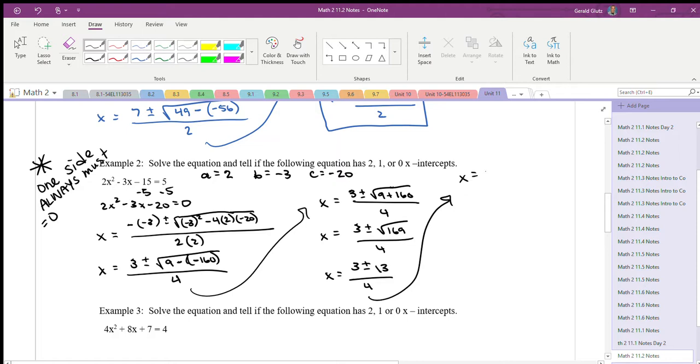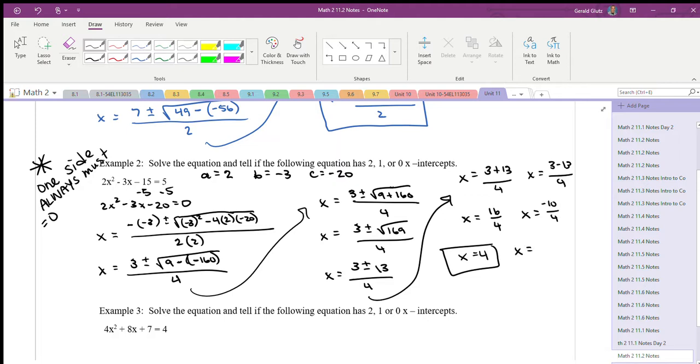So that means I have x equals 3 plus 13 divided by 4, and x equals 3 minus 13 divided by 4. So 3 plus 13 is 16, 3 minus 13 is negative 10. So 16 divided by 4 is 4. So 4 is one of our roots.